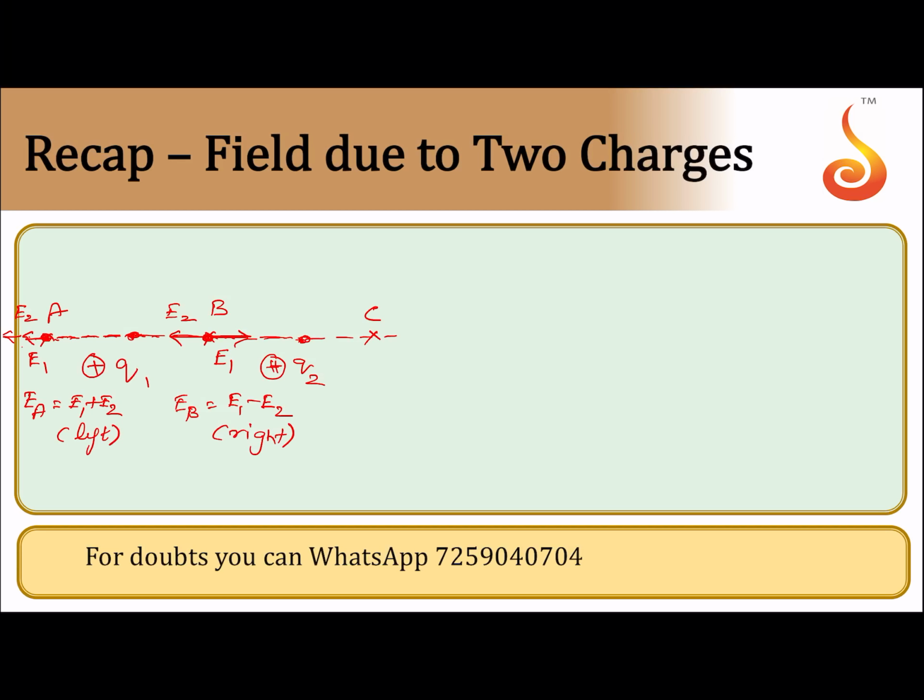Now if you take the point C over here, because of q1, the electric field will be to the right, and this will be E1, and because of q2, the electric field will also be to the right, E2. So the electric field at C will be E1 plus E2, and in what direction? To the right. So there is a fundamental idea on the direction of electric fields. It's very important that you get this very clear, how the field directions work. I'll just give you 5 seconds. You can copy this diagram.